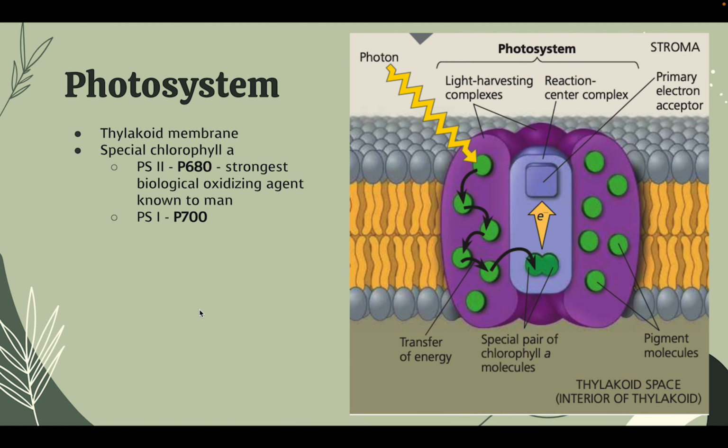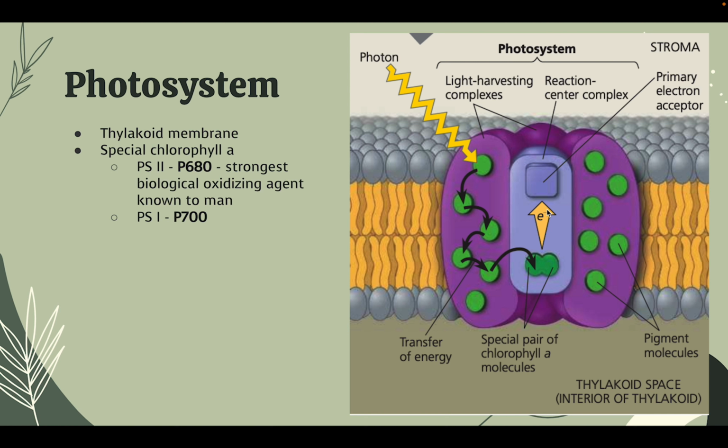Okay, so photosynthesis is organized in photosystems, which are found in the thylakoid membrane, and essentially it does the things I was telling you about earlier. A photon strikes and excites an electron in a chlorophyll molecule, and then that energy gets passed on through chlorophyll molecules until finally it reaches a special pair of chlorophyll A molecules in the middle of our photosystem.